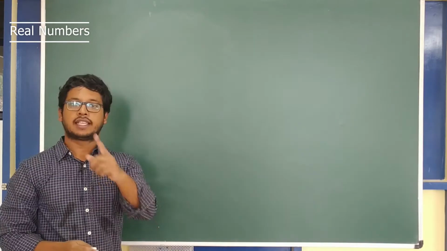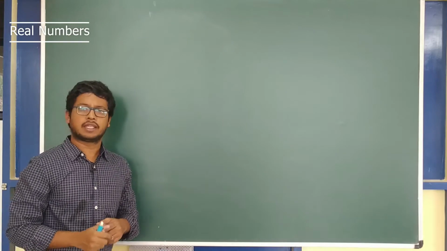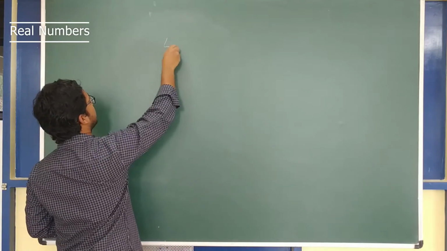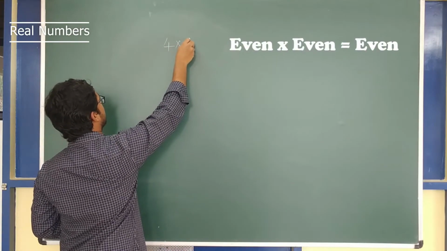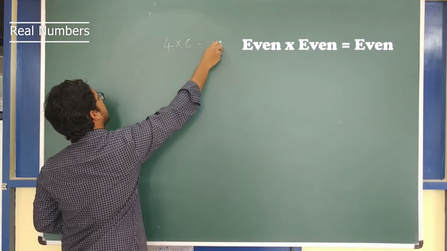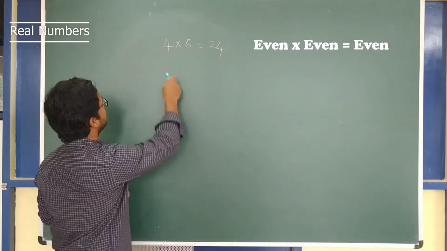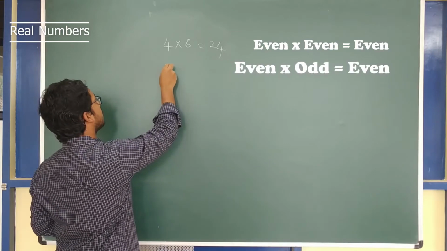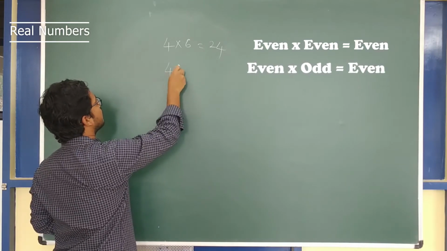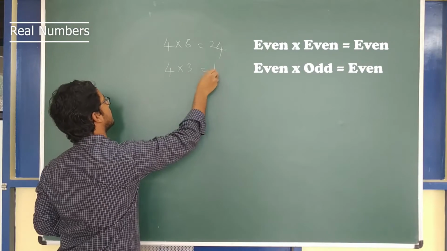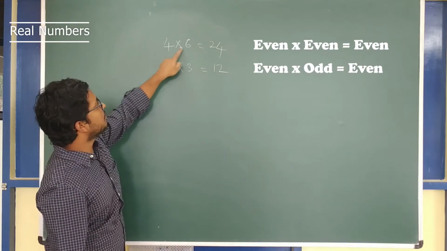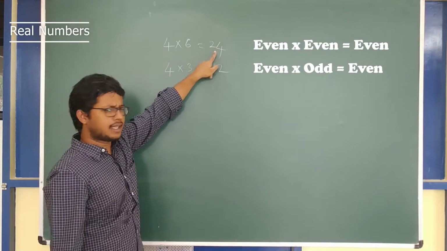Alright. Same properties we'll see with respect to multiplication. For example, an even number multiplied with an even number, let's say 6 into 4. 6 fours are 24. Again the resultant is an even number. If I take, let's say, odd multiplied by even number, for example, 4 into 3, 4 into 3 is 12. So an even number when multiplied by an even number, the resultant is again an even number.